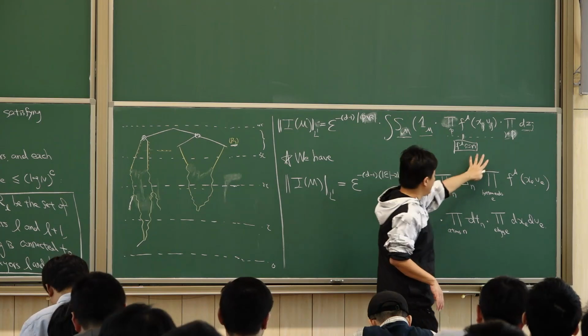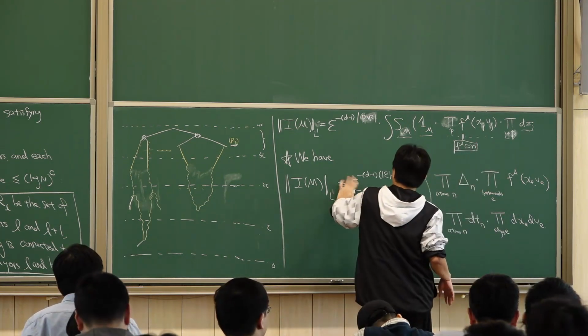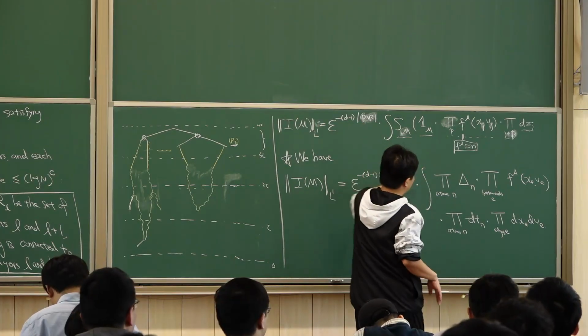Now let me explain what each of these objects is and what the intuitive picture is, how we link this probability to this inequality.